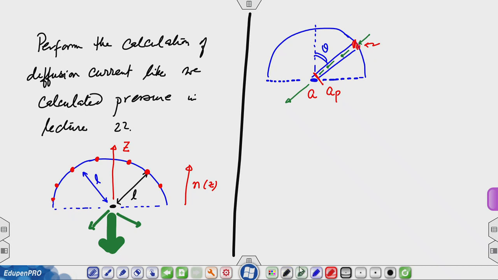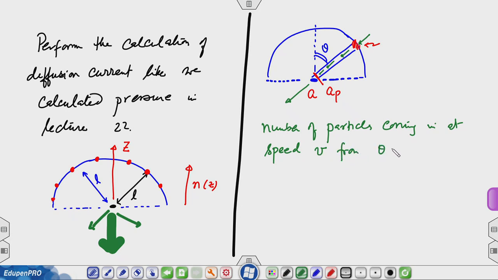Now let's calculate the number of particles coming in at speed v from this theta angle.